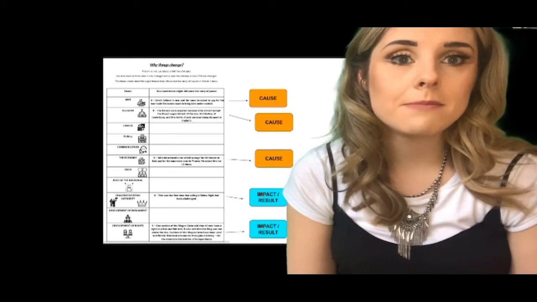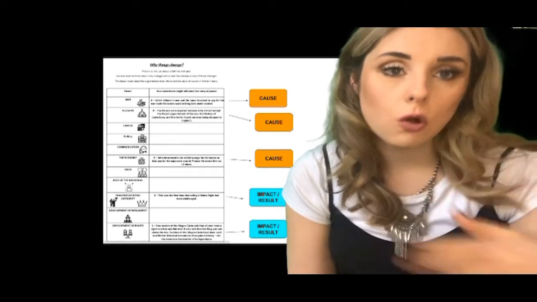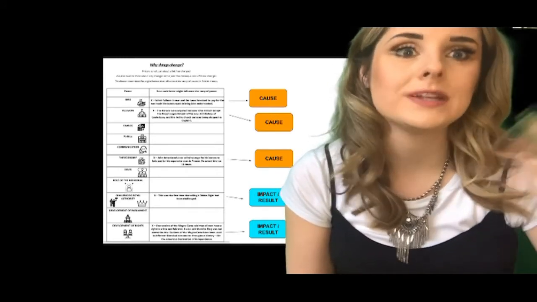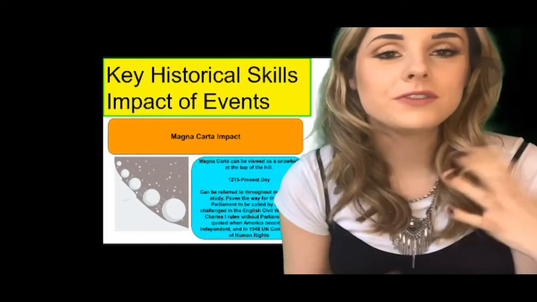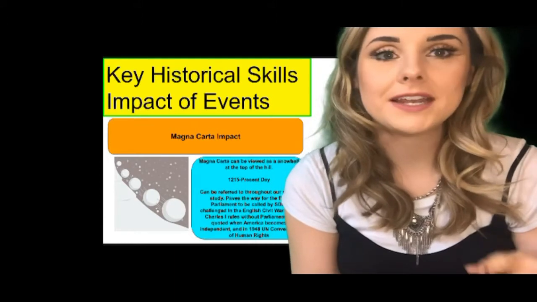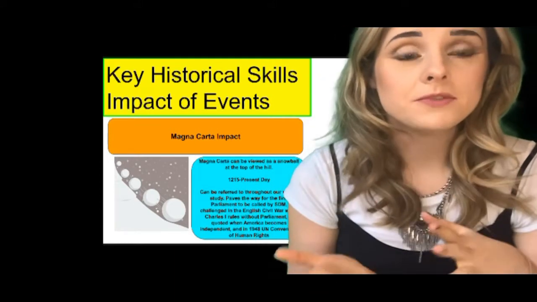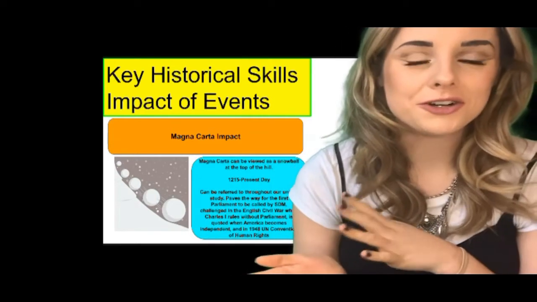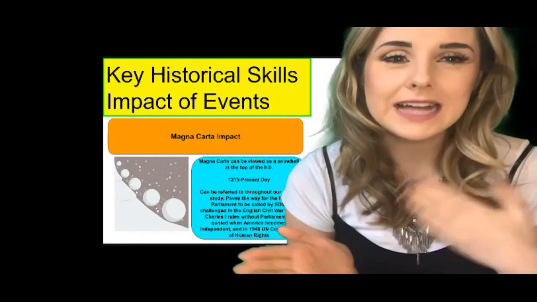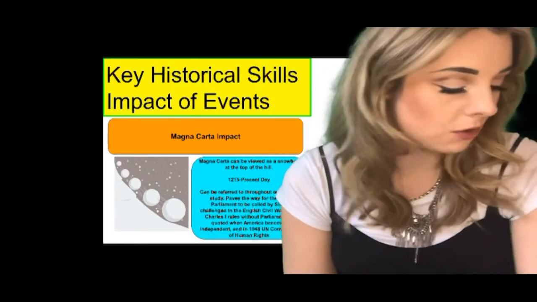So I'm now going to talk to you a little bit about the longer term impacts and consequences of the Magna Carta. The reason I chose Magna Carta to explain cause and impact was because it's something that you can refer to throughout the whole Power in the People unit. So I've got a picture of a snowball here, and I'm going to use that to explain the significance and importance of the Magna Carta.